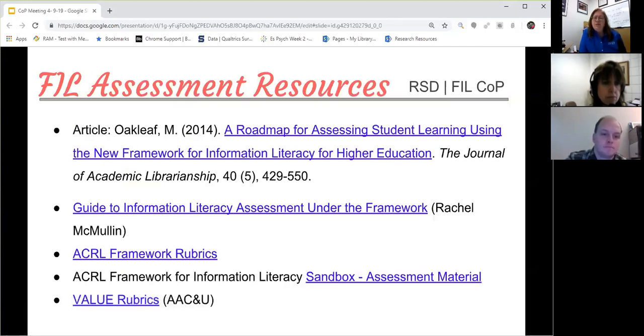It talks about the frames a little bit and the development of those. Then there's the other one, the Guide to Information Literacy Assessment, and the ACRL framework rubrics and assessment materials. There are all sorts of assessment materials and a lot of examples for you to go look at.